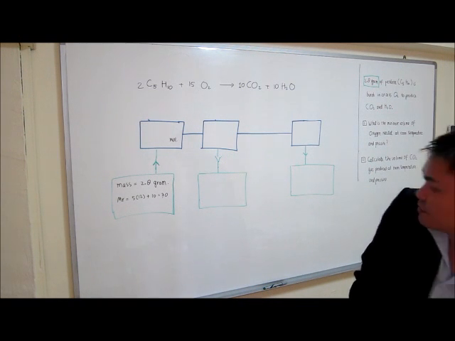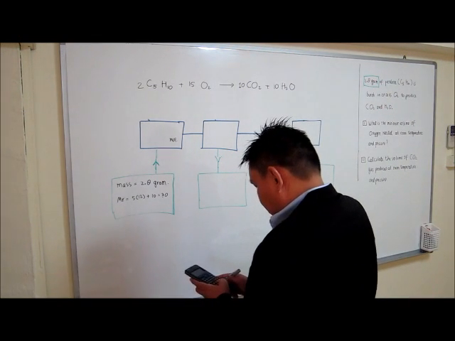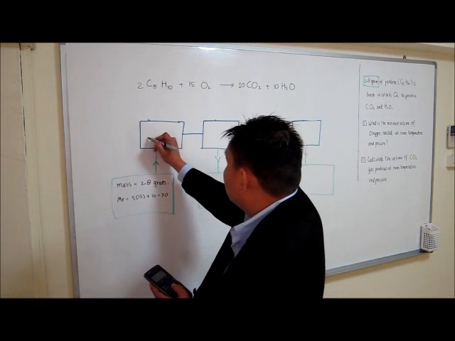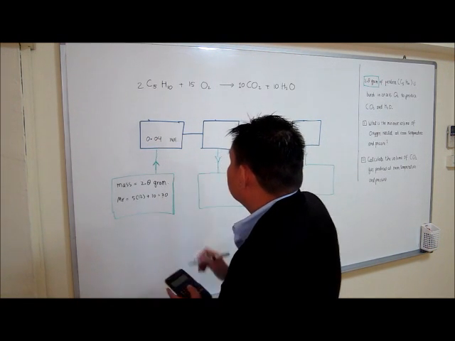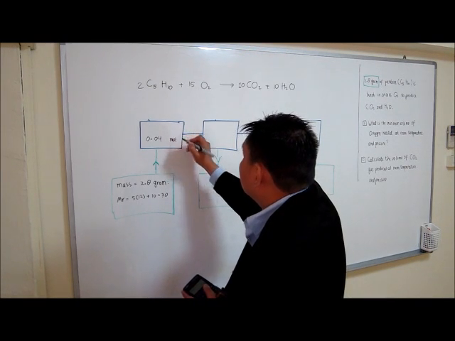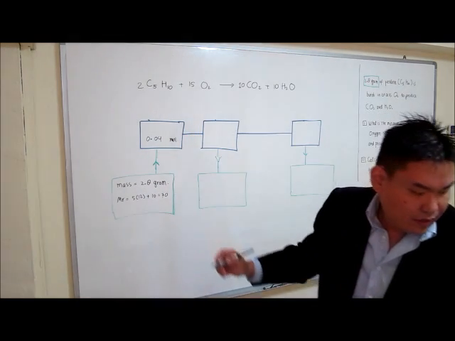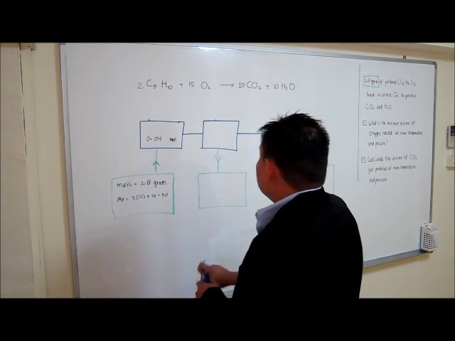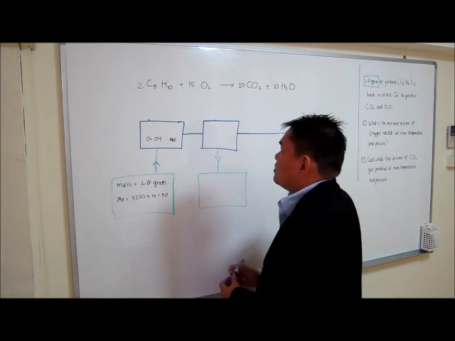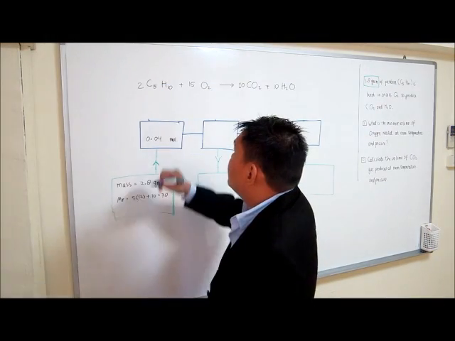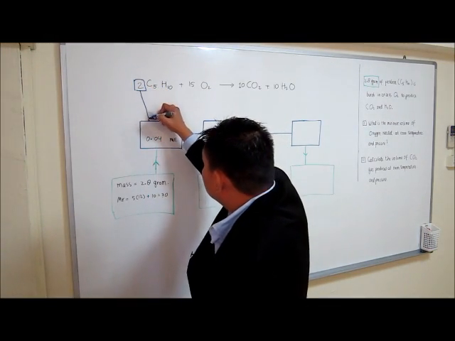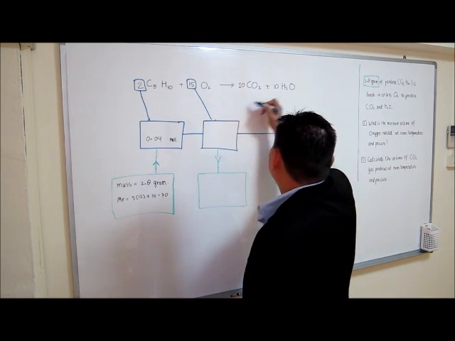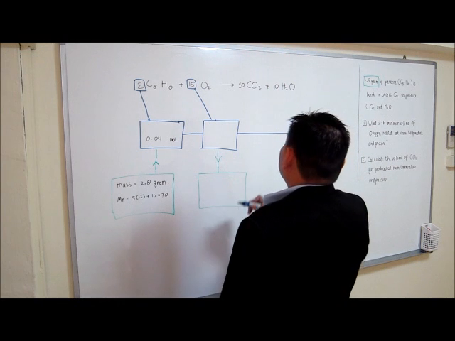And if you calculate 2.8 divided by 70, you're going to get 0.04 moles. Once you know one of the moles there, it's easy to calculate the rest, because we are going to follow the mole ratio.